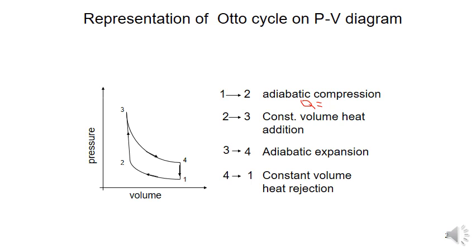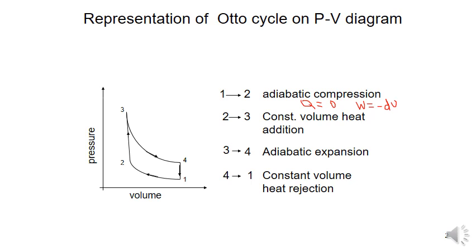So the internal energy is increased and the work is done on the system. Work done on the system means W is equal to minus dU, where dU is the change in internal energy.